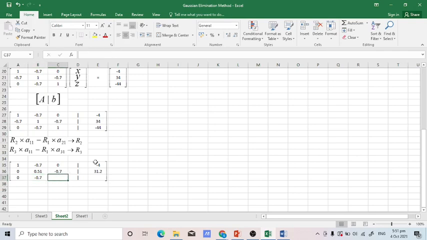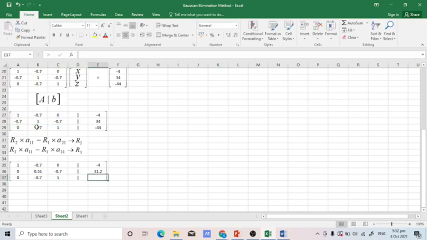And then, third row na, third element dun sa row 3, R3 third element, 1 times A11, minus R1 third element, 0 times A31, 0, enter.